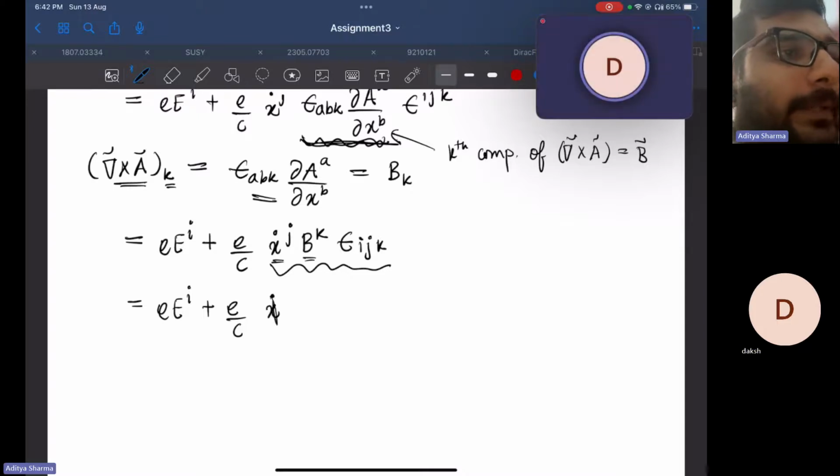If this is to be written in vector notation, this is the ith component of that.